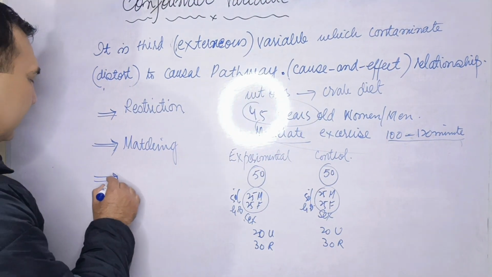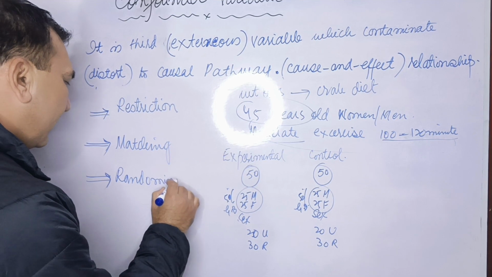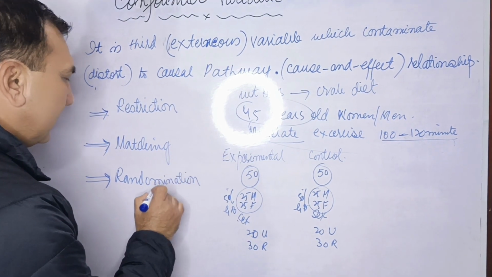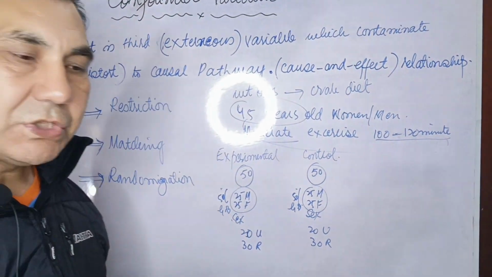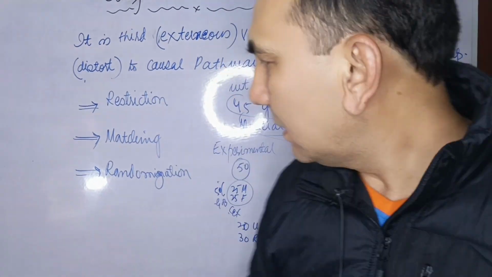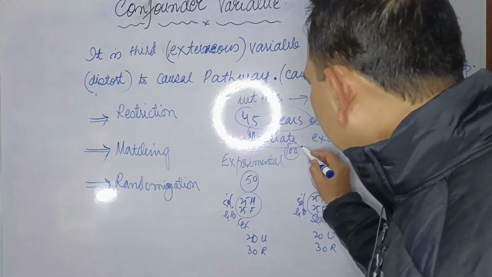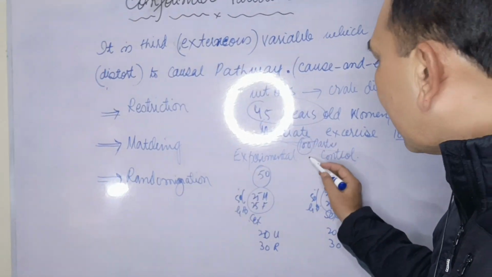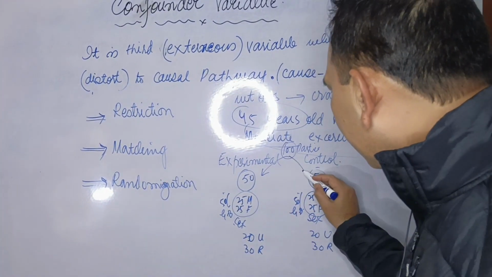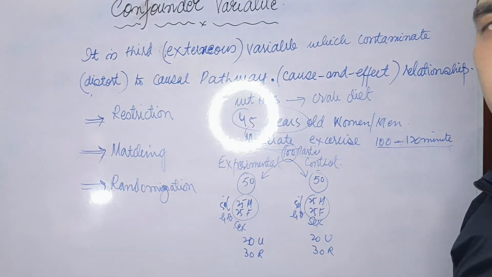And the third one is randomization. Randomization is another method which controls the confounder. It means you have selected 100 participants, and these 100 participants you randomly allocate 50-50 to the experimental group and the control group.